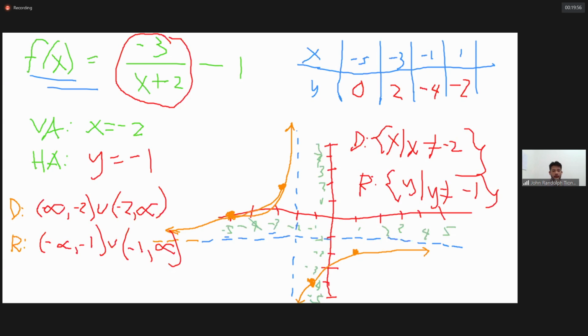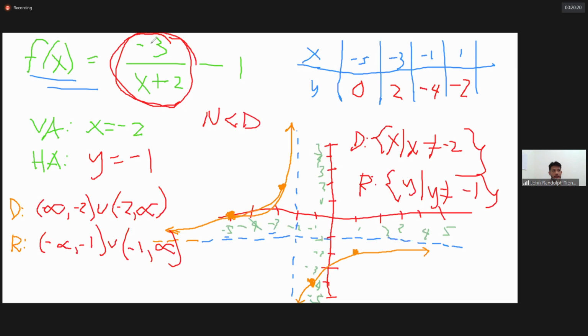So let's have another equation. Bakit po ulit y equals -1 sa horizontal asymptote? Okay. Now, look at here your equation. Your equation is -3 over x plus 2. Compare your numerator to your denominator. The degree of your numerator is less than the degree of your denominator.